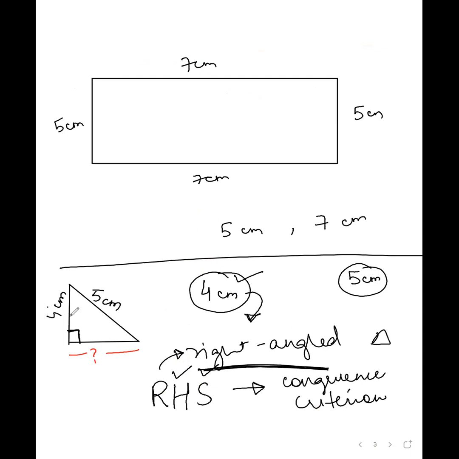I told you that RHS means you have one side, you have one hypotenuse, and you have a right angle. RHS, right hypotenuse side. This is the congruence criterion. We will see this as we go further.